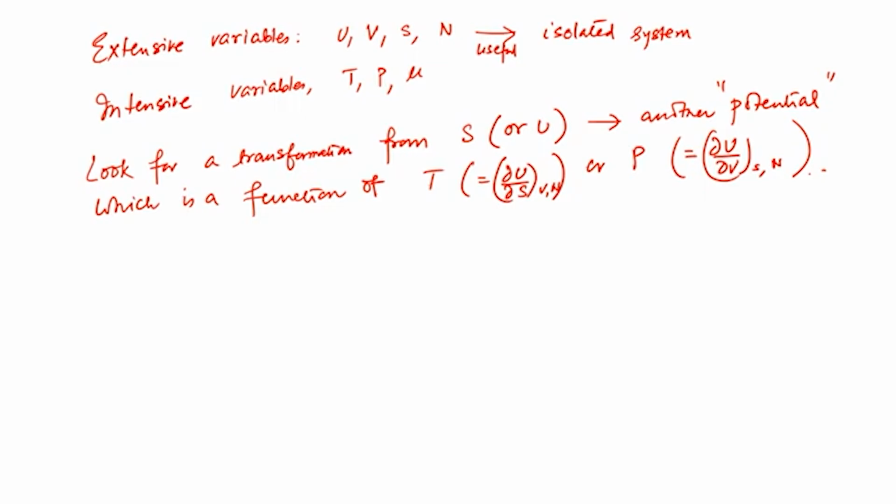So, we look for a transformation of the thermodynamic potential from either S or U to a function not of the extensive variables U, V, S, N, but of the intensive variables, which are T and P. Because in the event that a system is connected to a heat bath, it will eventually come to equilibrium at a given temperature T, which is an intensive variable, or there will be a pressure which one can maintain constant by adjusting the piston at a given position.